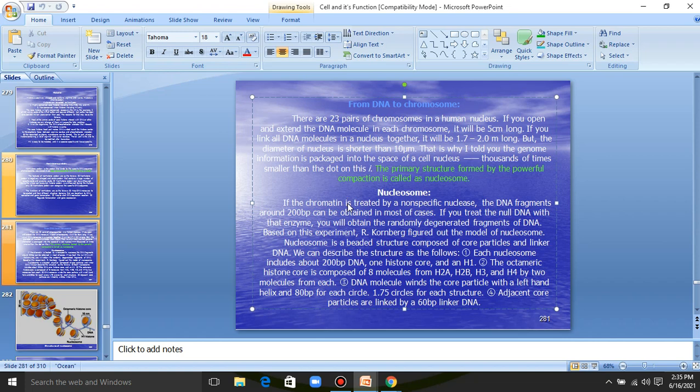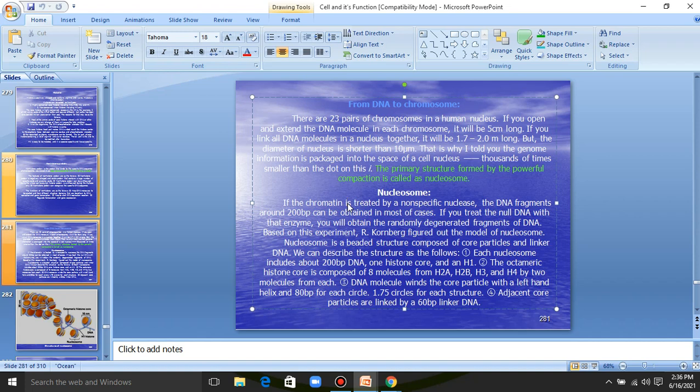If you treat this chromatin with nuclease enzyme, it will be broken up into DNA fragments of around 200 base pairs. Base pairs: adenine, guanine, thymine, cytosine. Like that, there will be 200 such base pairs they will cut. The chromatin fiber will be broken into fragments of around 200 base pairs.